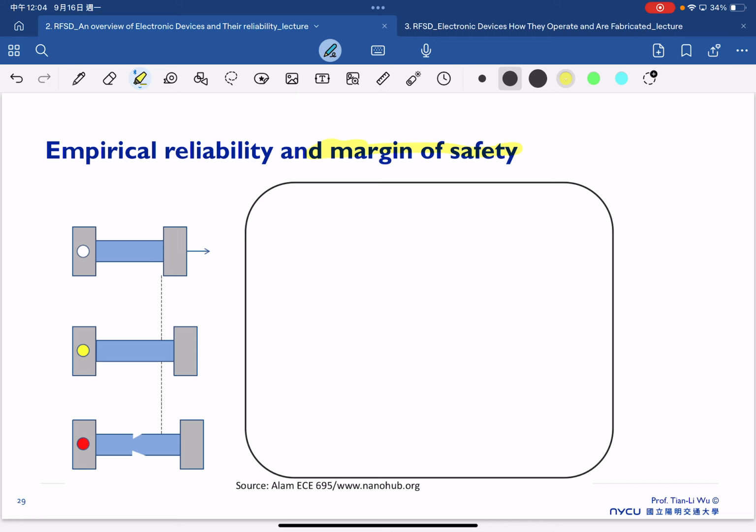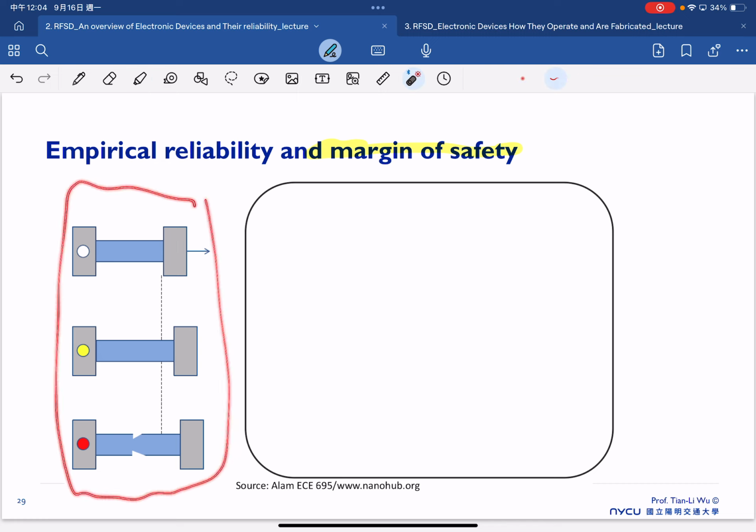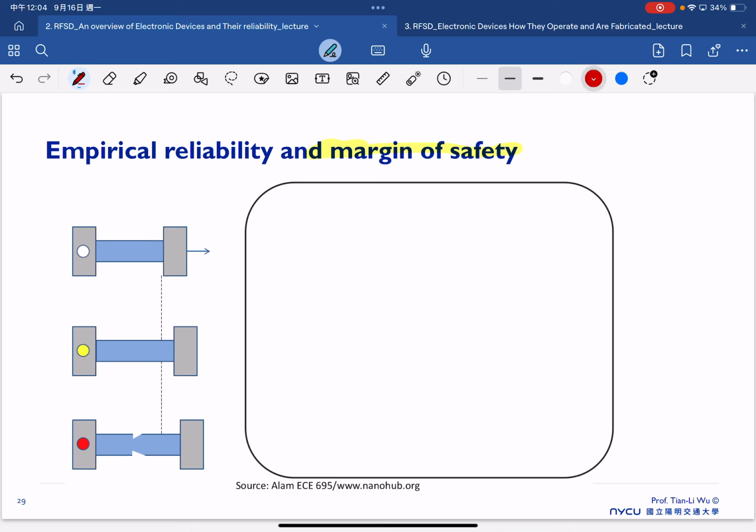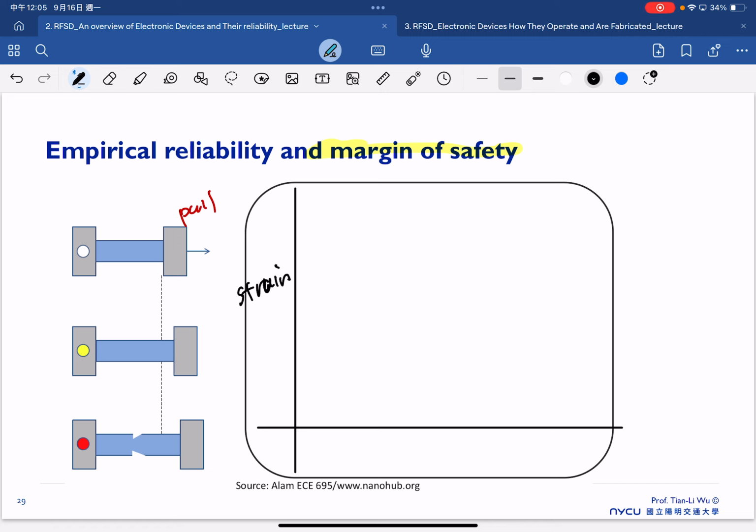Let's use a real life example. We try to pull a piece of string toward the right here. Then we can start to analyze. The y-axis is the strength. This is a certain strength that we apply on this piece of string, and this is the stress here. Once we pull towards this point, it's still safe.